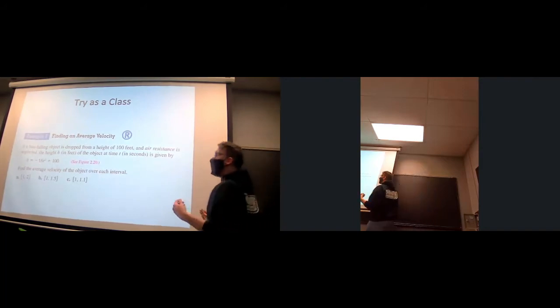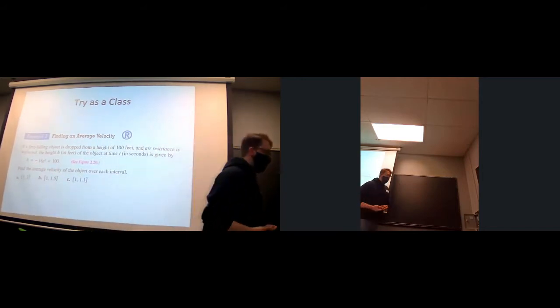To see some of this, let's consider this example here. Finding an average velocity. We're given an object being dropped from 100 feet, right? It has a height function associated with it as it falls of -16t squared plus 100.